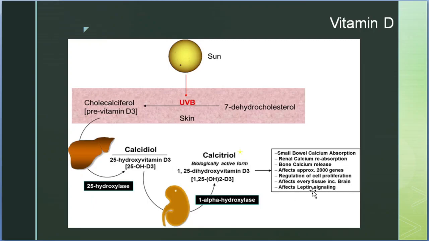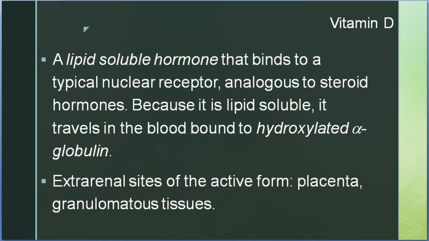It also affects your leptin signaling, which has something to do with decreasing your appetite, because leptin is produced by your fats, and this leptin will cause the suppression of your appetite. But our main concern here is always all about your calcium absorption. Yun yung dapat nating malaman.